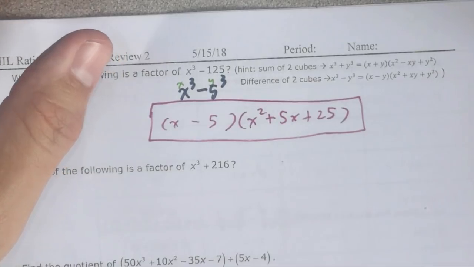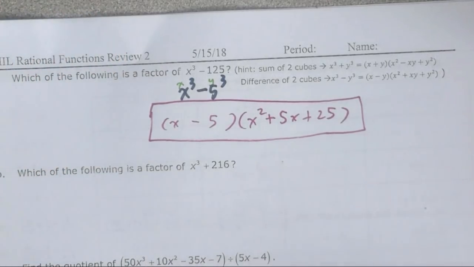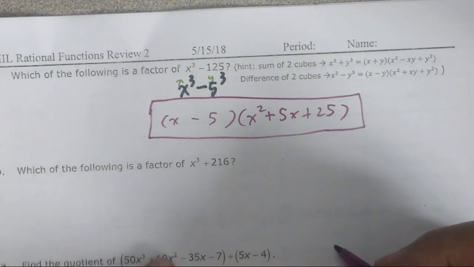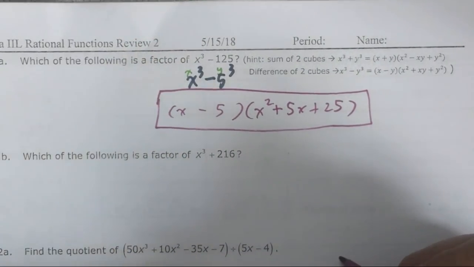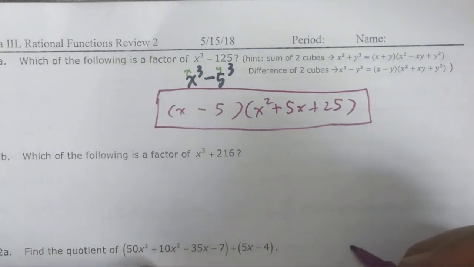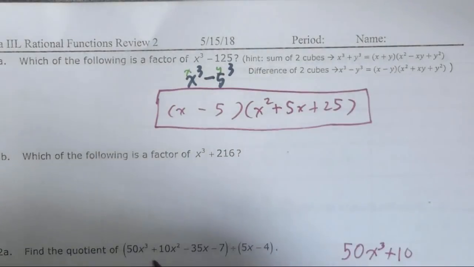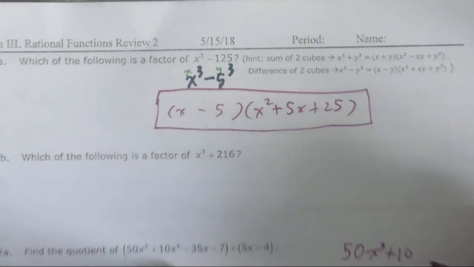2a, find the quotient. So I'm going to go through, do all the steps for you, show you how this should look. I actually think the ones on the test are slightly easier than this one. So what we're going to do, first one goes in the box. It is very important for you to make sure you copy this right and you don't have any gaps in here.